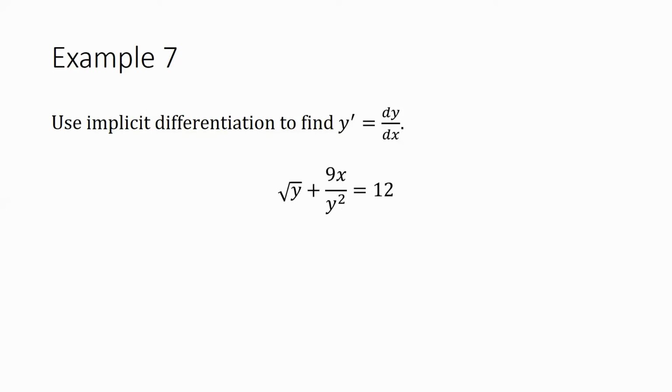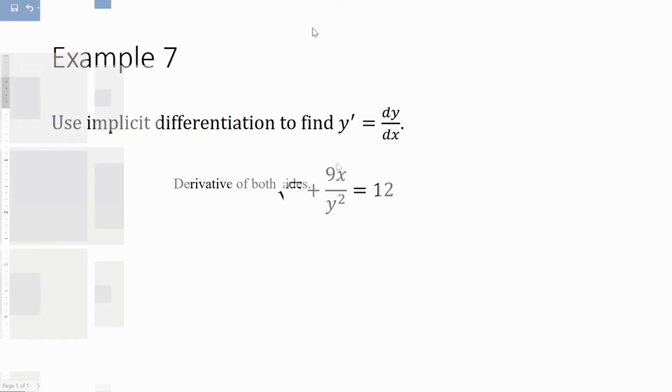I can deal with that utilizing a quotient rule, but it might be more effective if I simply multiplied both sides by y squared in order to rewrite the equation before I take derivatives on both sides.